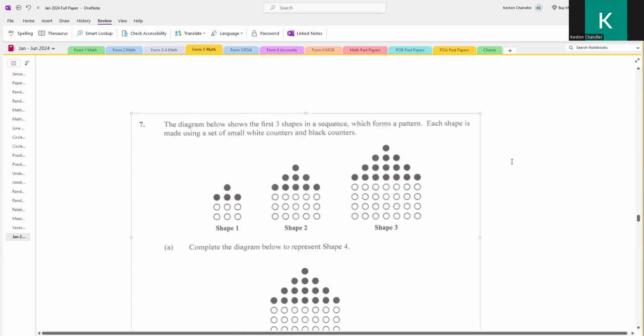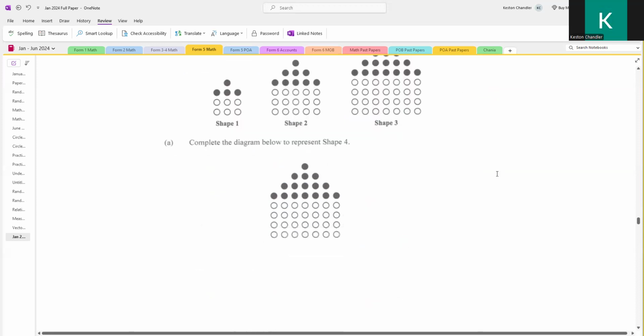Right, this one now. The diagram below shows the first 3 shapes in a sequence, which forms a pattern. Each shape is made using a set of small white counters and black counters. Complete the diagram below to represent the 4th shape. So they just keep adding the counters on the outside and along the side.